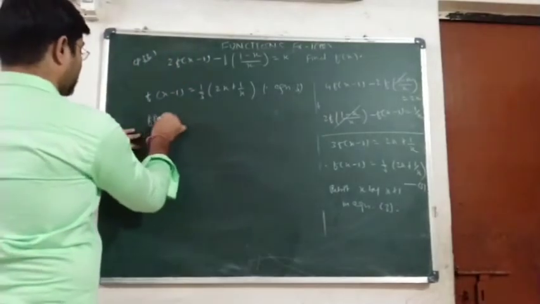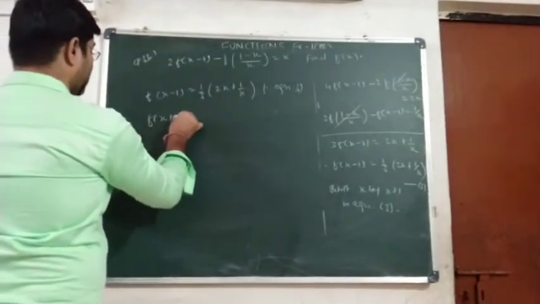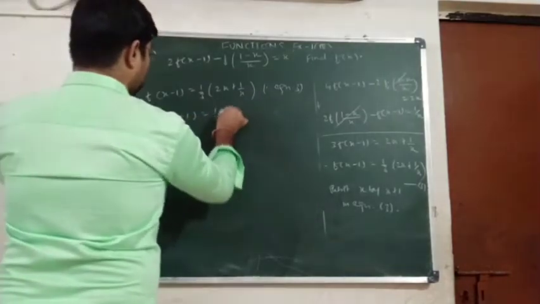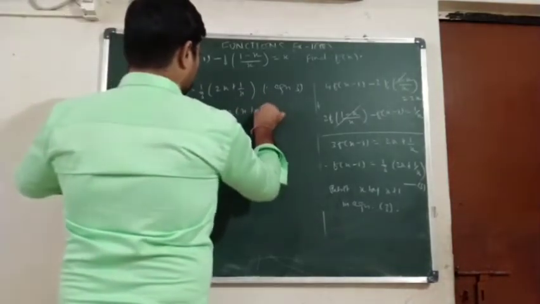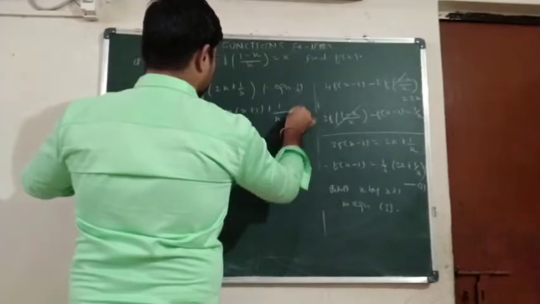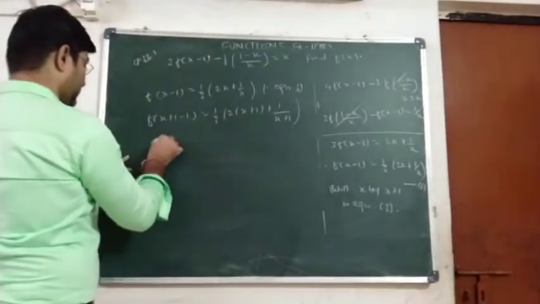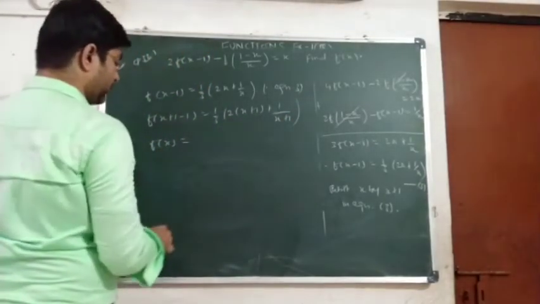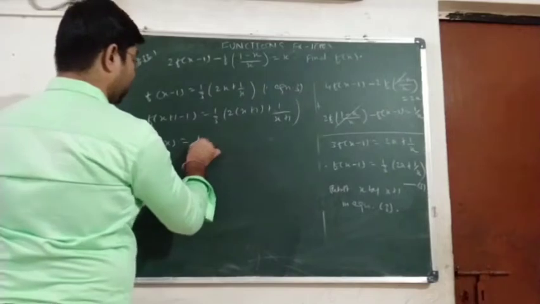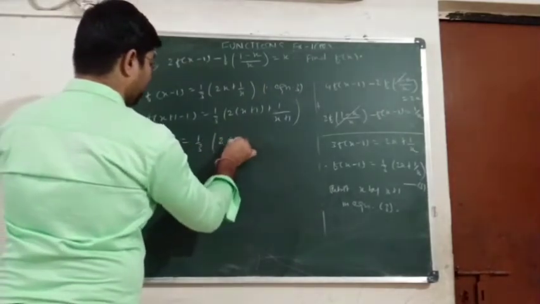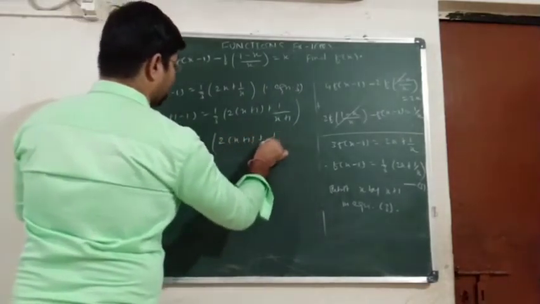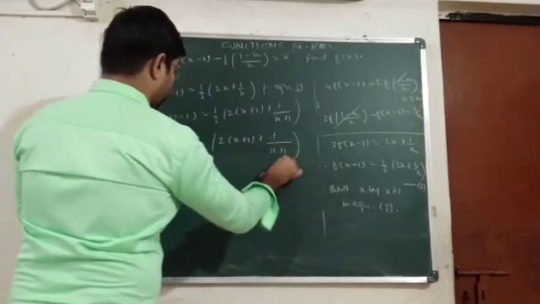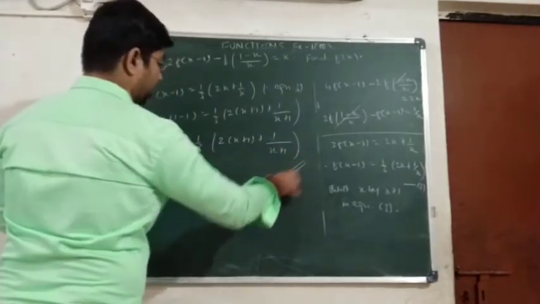So here we will get x plus 1 minus 1, 2 into (x plus 1) plus 1 upon x plus 1. On simplification we will get the value of f of x to be 1 by 3 into (2 into (x plus 1) plus 1) upon (x plus 1). This is the final answer.